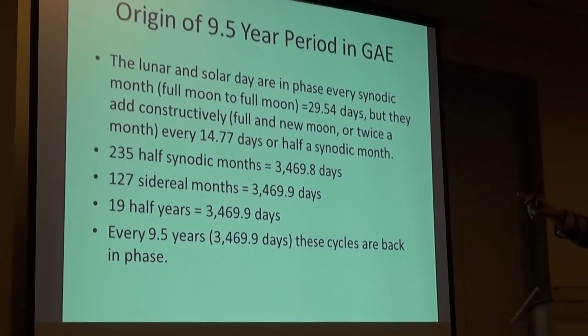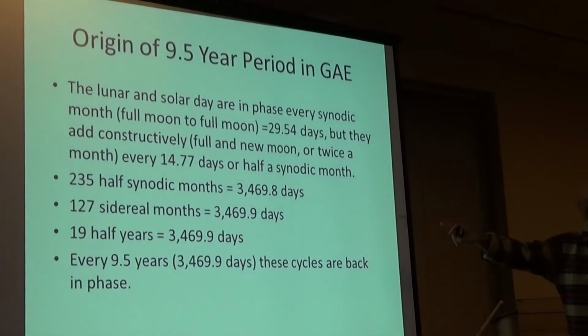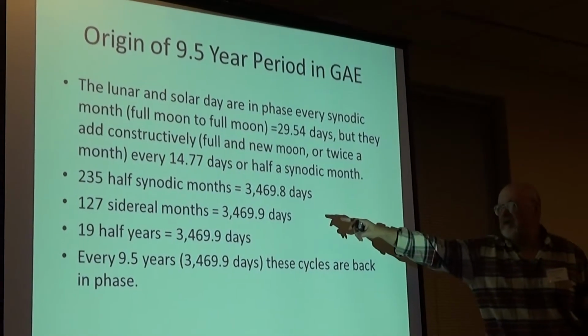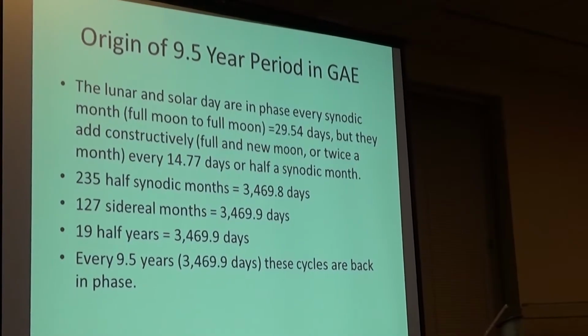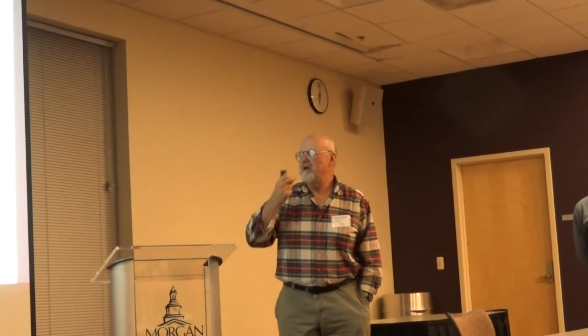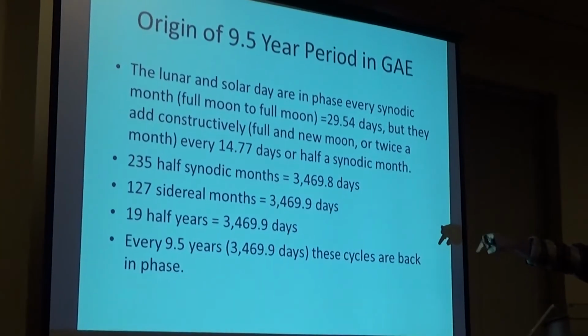You also have periods that correspond to the moon's sidereal month. And you also have a half-year period in the anomalous precession.